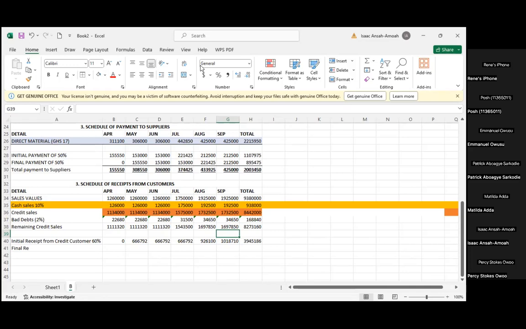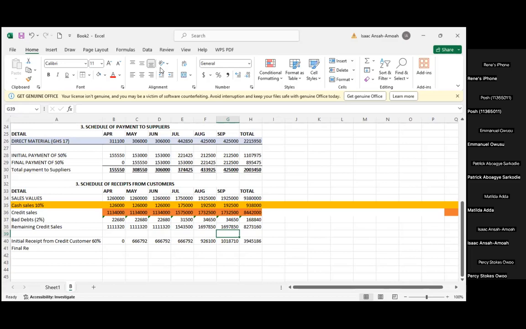So you take it out of it, then you focus on what is left. And that is what you would realize from your customers. So the remaining credit sales becomes 100%. Okay. Thank you for that clarification.